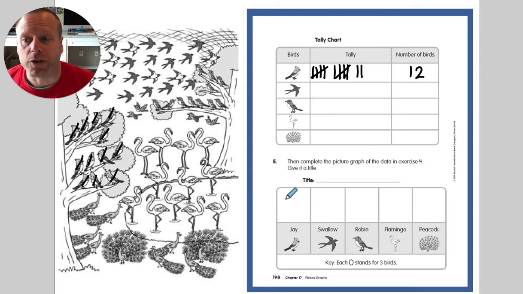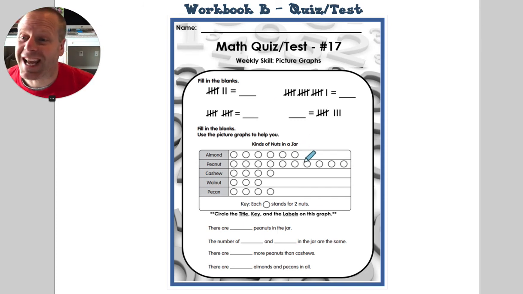So if I have to go to 12, I'm going to count 3, 6, 9, 12, right? Using those circles. And then I would do the same for these flying birds and this second bird and these flamingos and these fancy peacocks. Very nice. Anyway, I promised I would show you the test.